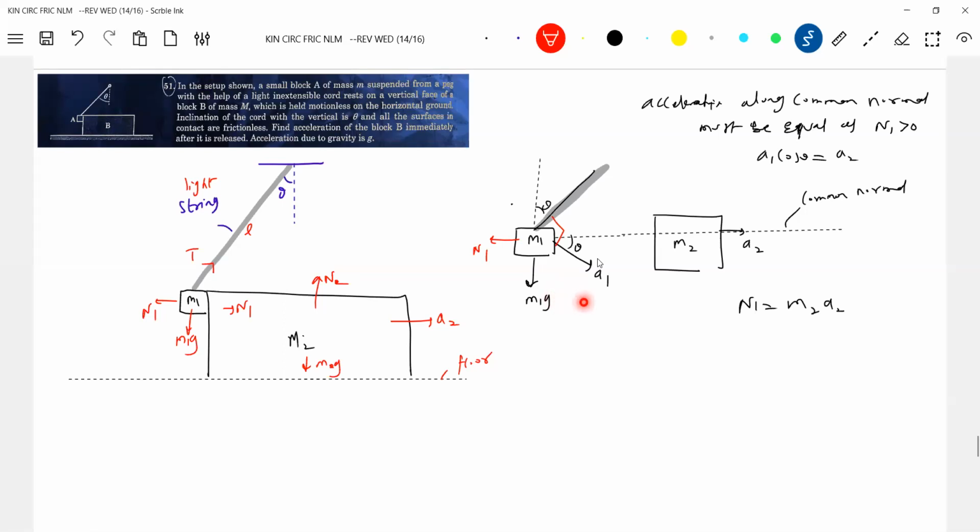M1G, theta, theta will be here. Now M1G sine theta minus N1 cos theta will come up. N1 cos theta should be equal to M1 a1.